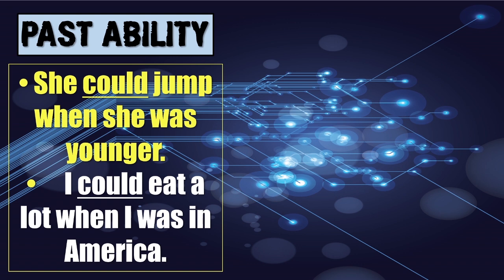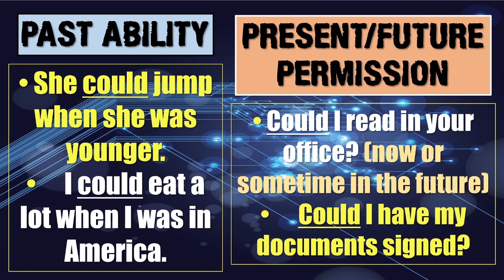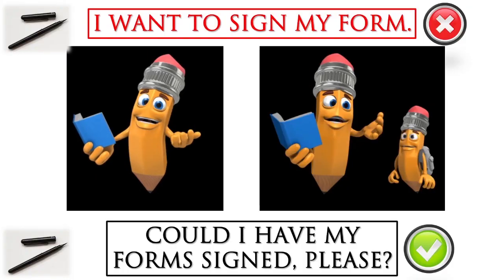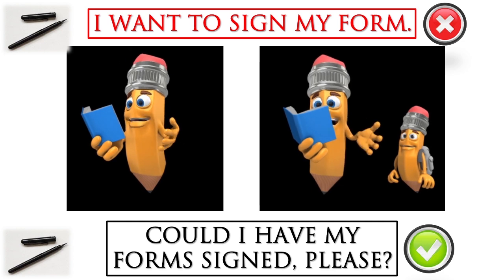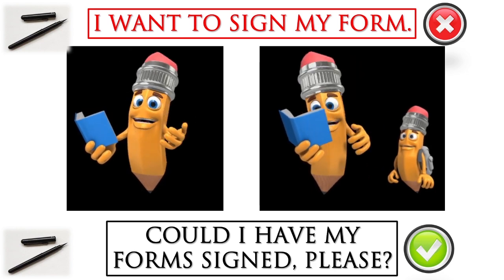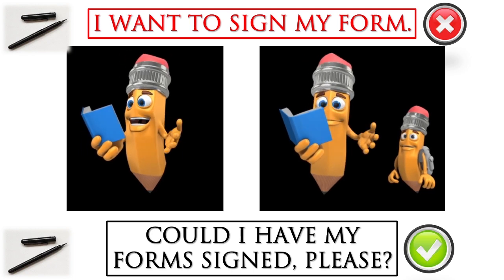We also use it to express present or future permission. For example, could I read in your office? It could be now, or it could be sometimes in the future. Could I have my documents signed? Now, this reminds me of how students used to approach their lecturers at the beginning of their semesters in school to get their forms signed.